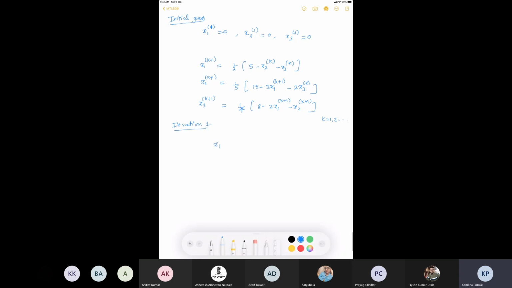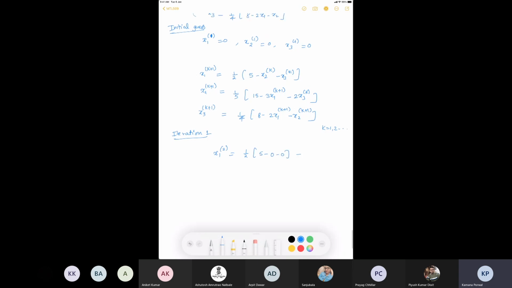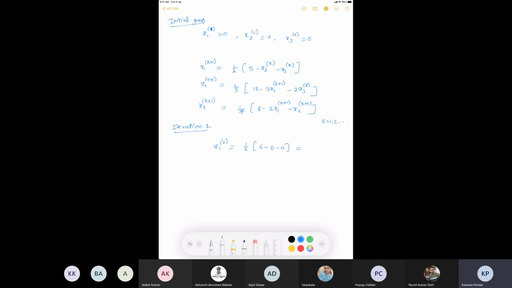So I'm going to get x1 2. So this will be 1 by 2 into 5 minus, the same as before because I'm using the same initial guess. So x2 2 is going to be 1 by 5 into 15 minus 3 times, so I'm going to use this 2.5 here, right?